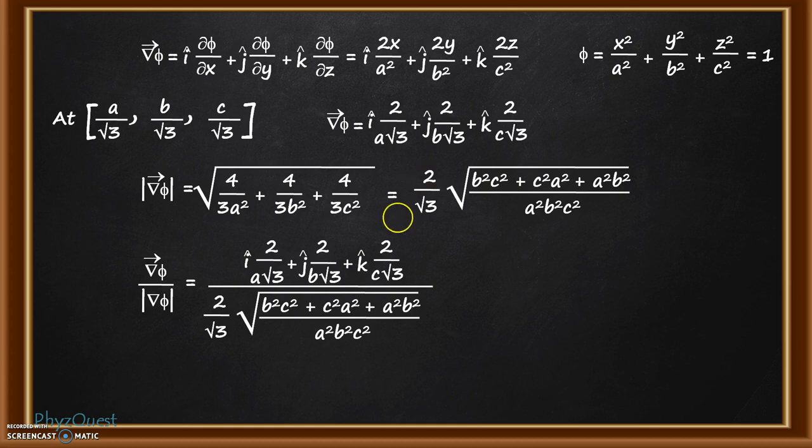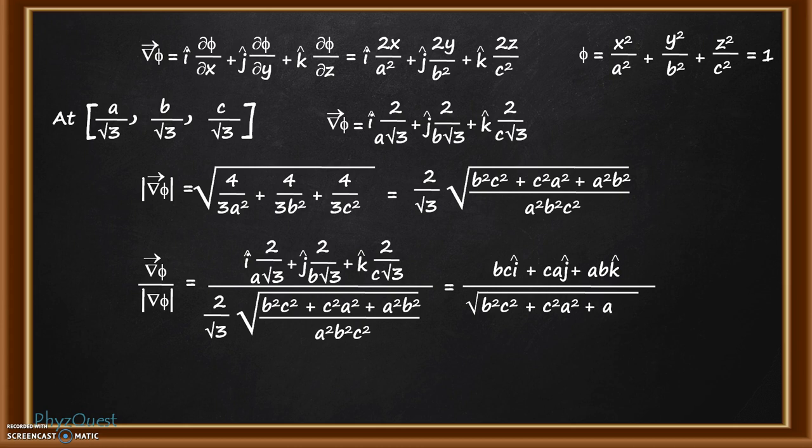In the numerator we can also take 2 by root 3 common, and in the denominator we have 2 by root 3, so we can cancel them. Ultimately you will get bc i cap plus ca j cap plus ab k cap divided by the square root of b square c square plus c square a square plus a square b square. So this is our unit normal vector.